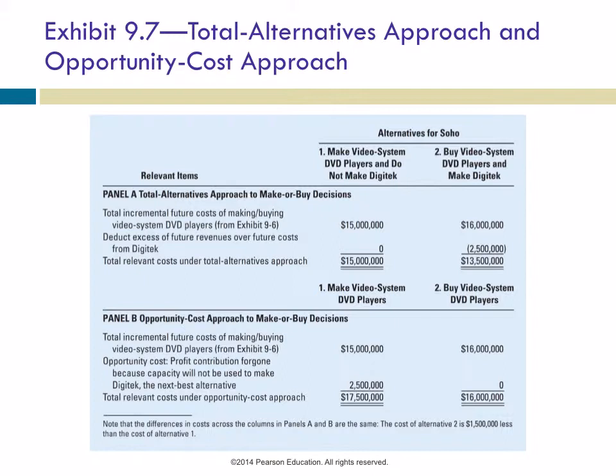Well, looking back down on the next row section there, panel B, you're basically doing the same analysis. The difference is that instead of showing the 2,500,000 under option 2, which is the option that allows you to get that extra money, you're showing it under option 1 because you're showing that as an opportunity cost.